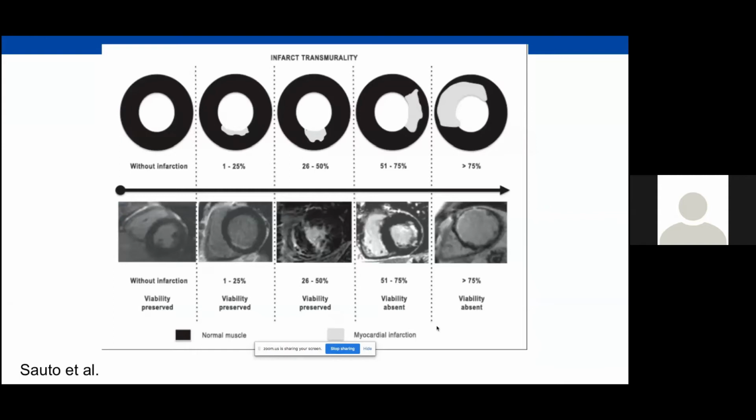If the infarct thickness is more than 50%, the myocardial segment is considered to be non-viable, or absent viability. If the scar thickness is less than 50% or there's no enhancement, the particular myocardial segment is considered to be viable.